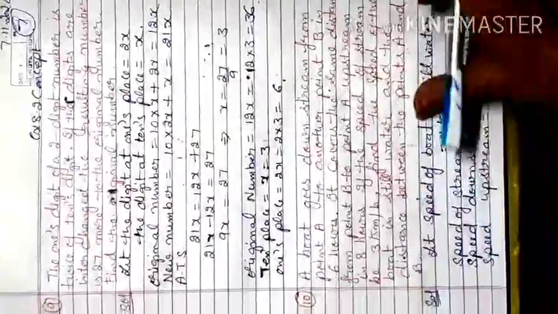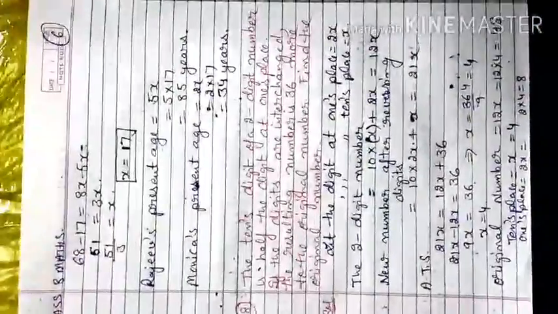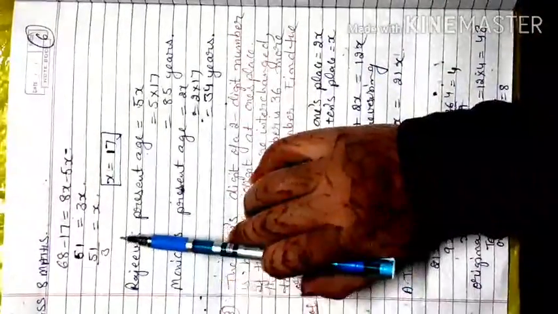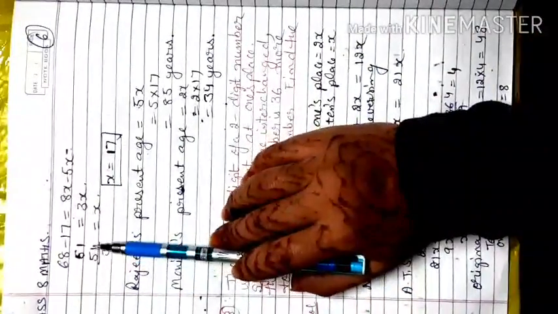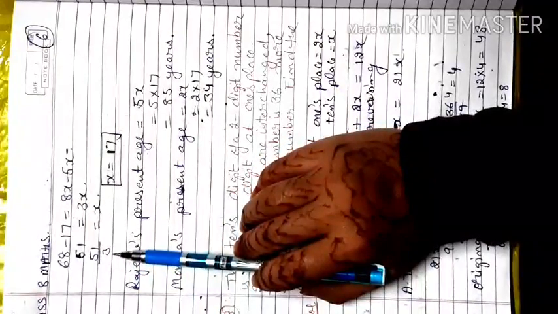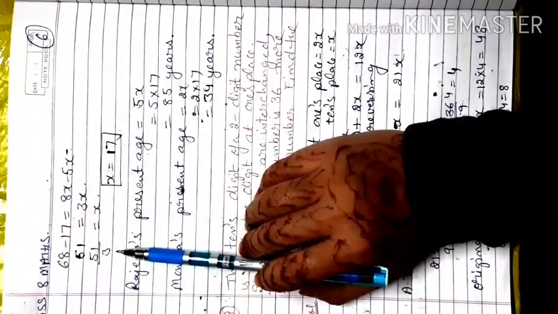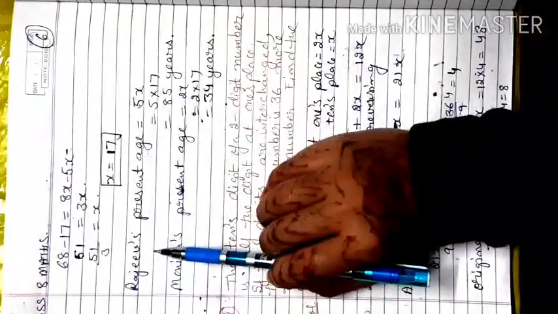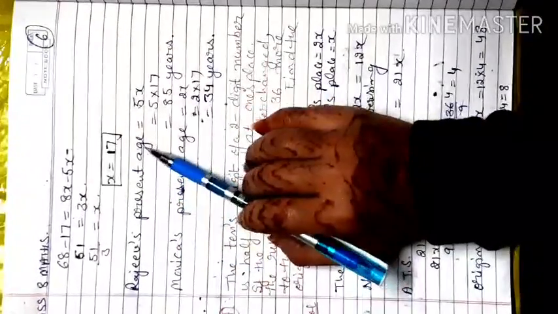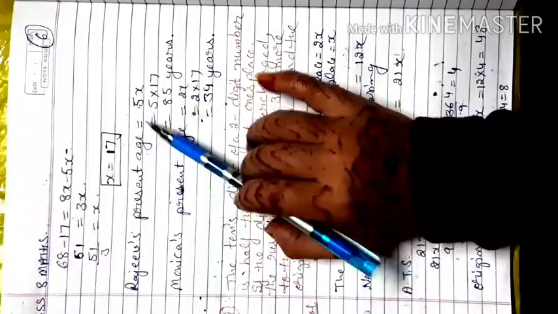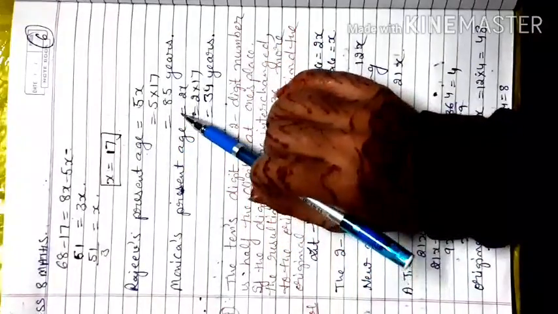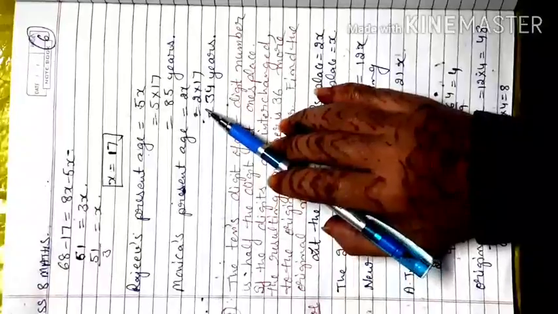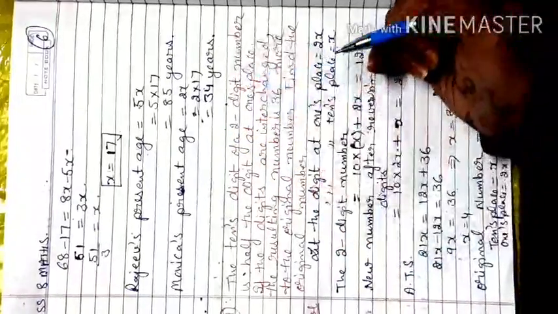After transposing on either side, 8x minus 5x gives me 3x and 28 minus 7 gives me 21, and 21 by 3 gives me 7. That means my x value is equal to 7. According to that, Rajiv's present age, which we considered as 5x, is 5 into 7, and Monica's present age is 2x, 2 into 7.